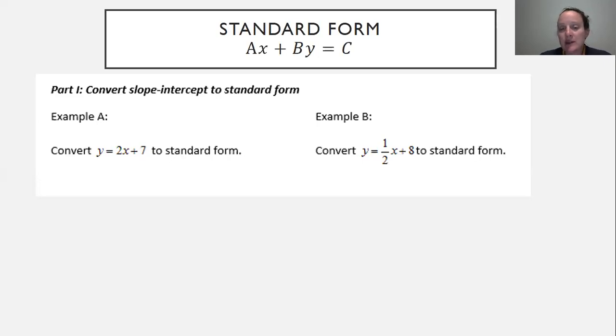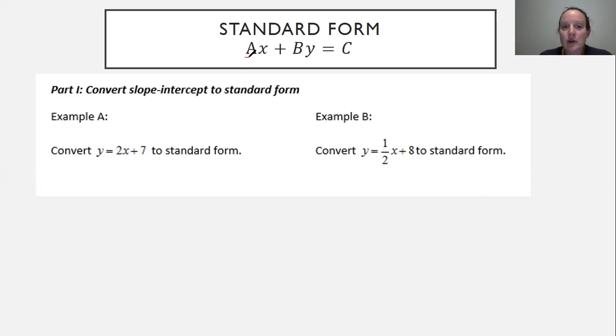And so this is the first part of your notes. We have example A and example B, and we need to turn this into standard form. And standard form, to me, standard form is not helpful at all. It just looks pretty. I take that back. There are certain times when it is helpful, but for right now, especially when we're writing systems of equations, this is a very helpful form.